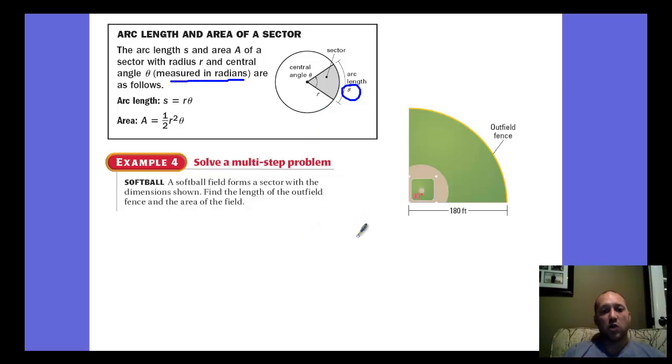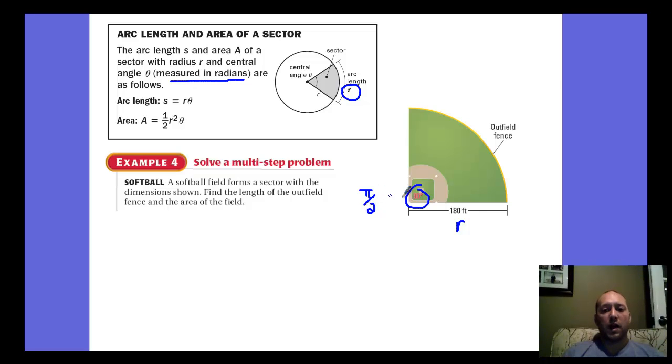So an example here would be a softball field, and we can look at finding the length of the outfield fence and the area of the field in its entirety. And so if we know that the radius is 180 feet, and we have a 90-degree angle here, but we don't use 90 degrees, we have to convert that. That's pi half radians.